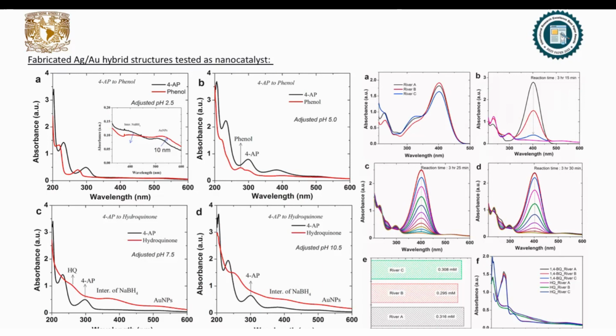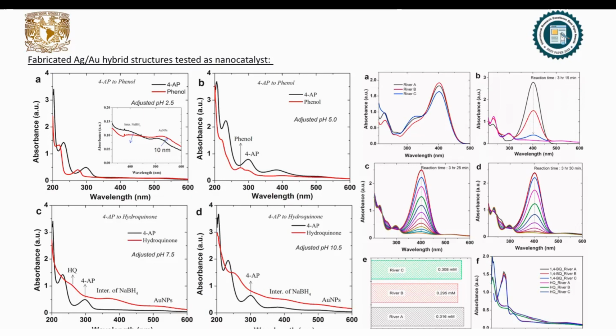As we know, whatever studies we carry out at the laboratory level, we would like to mimic the external environment. With that in mind, we used different river waters. We chose 3 rivers, brought that water, and tested whether the same catalyst is still efficient or not.